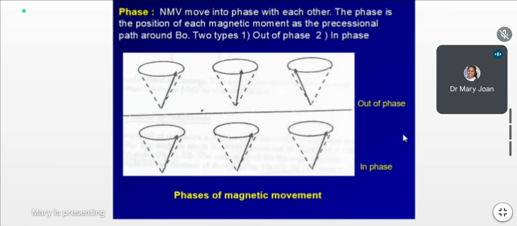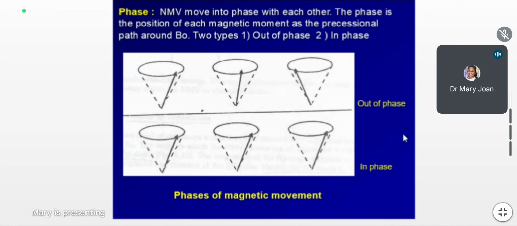When the magnetic field B0 is applied, some of them are out of phase in their precession around B0, and some of them are in phase.